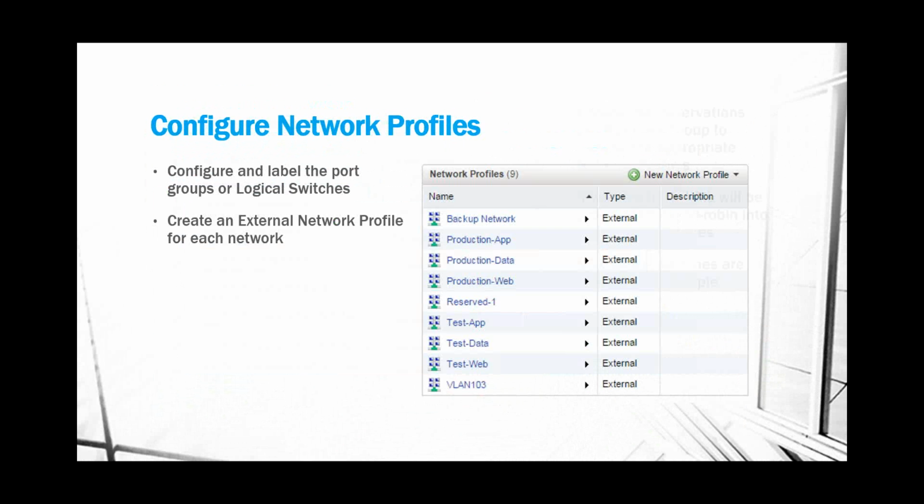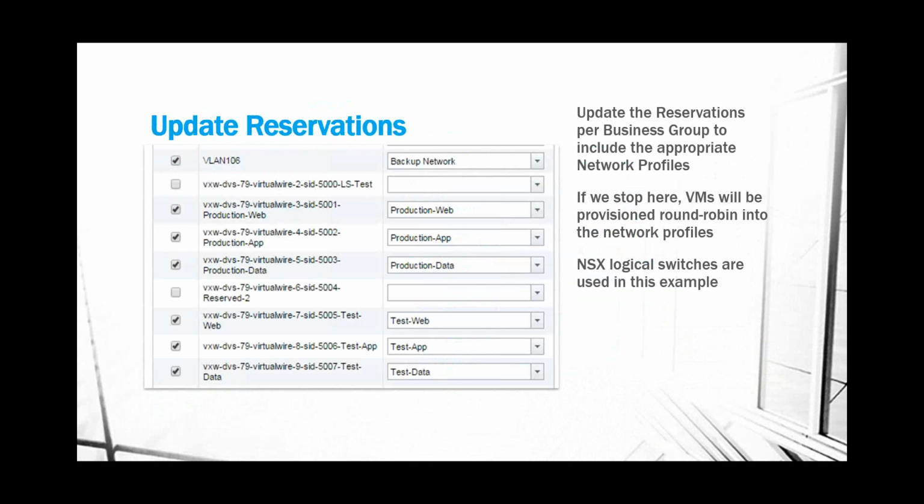You can see here I'm using NSX and virtual wires for this environment. But we're still presenting the network profile name with a pretty simple name so the user doesn't have to know what's going on in the background. Again, if we stop at this point, a virtual machine would be provisioned round robin to one of those networks that is on the reservation for that business group.